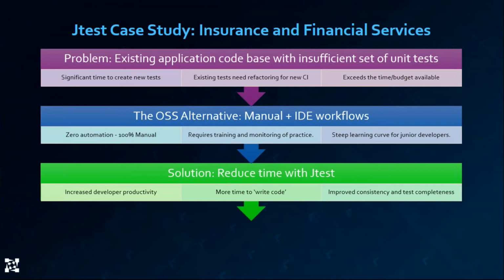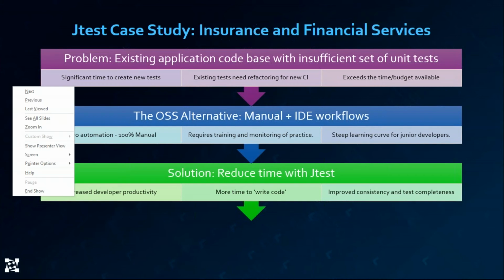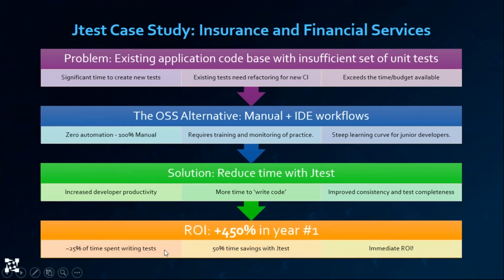So they came to Parasoft, and using Jtest, they were able to focus the team on writing the code safely, making the changes to support the migration, and ensuring consistency of testing practice, ultimately improving the productivity of the team and meeting the goals and objectives of the project.